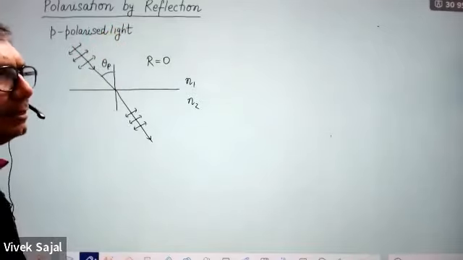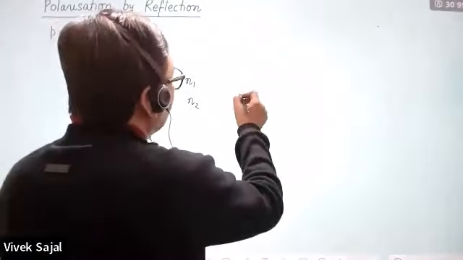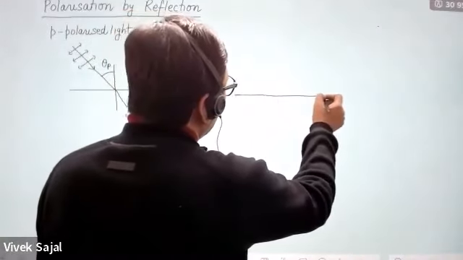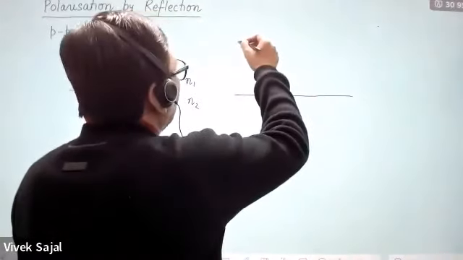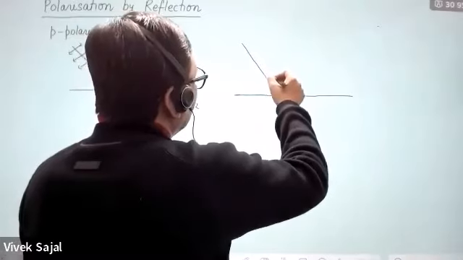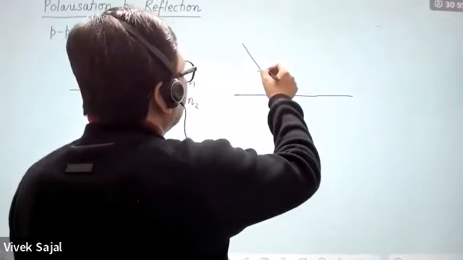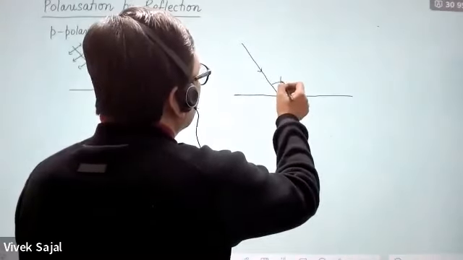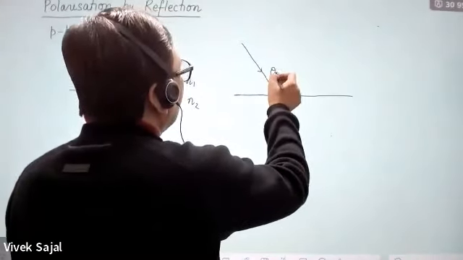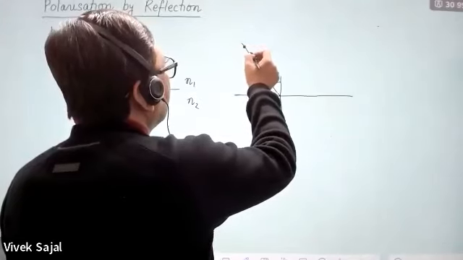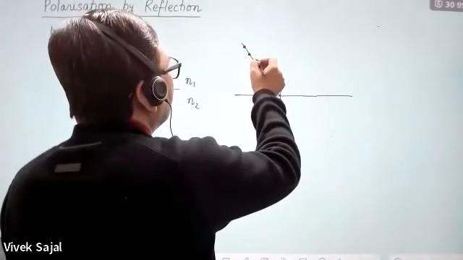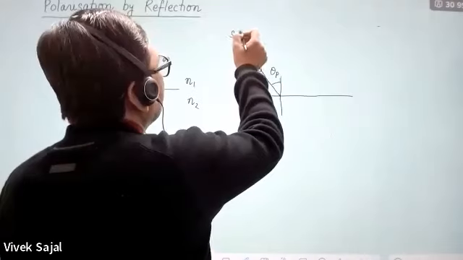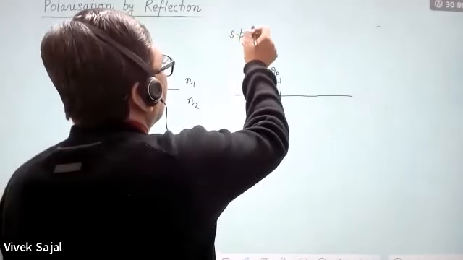Second is S polarized light. I was discussing that if S polarized light is incident at the same angle theta p, the angle is the same here. This is theta p, but this time you have S polarized light that is incident.